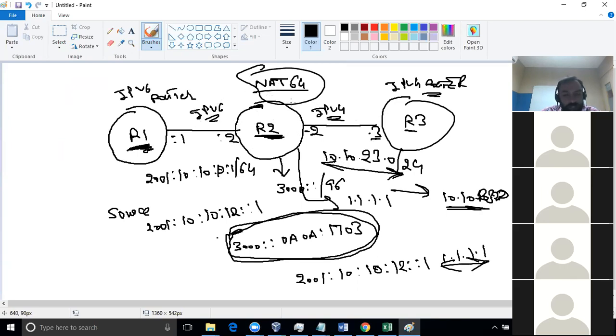This is similar to your IPv4 NAT. I mean to say you have three various flavors: static NAT, dynamic NAT, and PAT. So static NAT is bidirectional, but dynamic NAT and PAT only work when the traffic is initiated from the IPv6 network, not from IPv4.